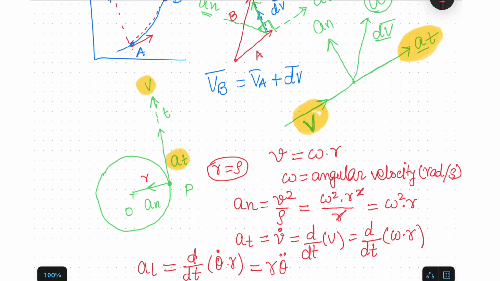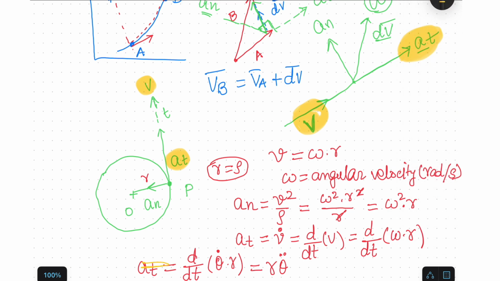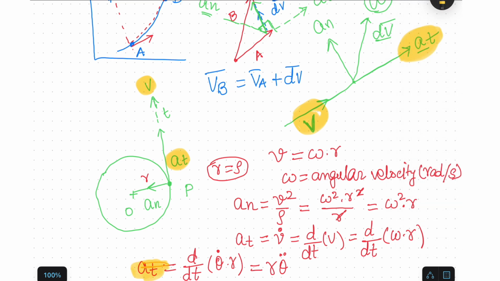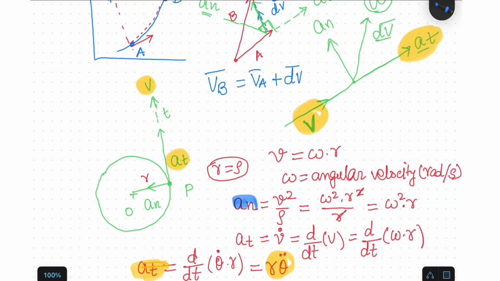That at is equal to r theta double prime, and an is equal to omega square r. So this is how we apply the n and t coordinates in a circle or in circular motion.